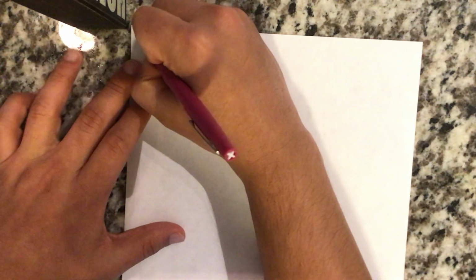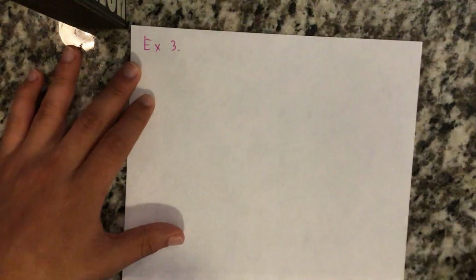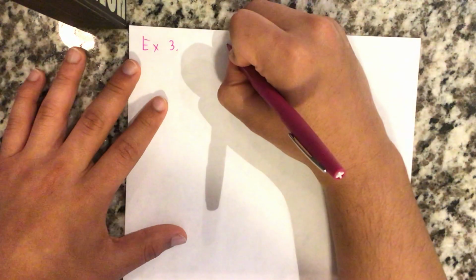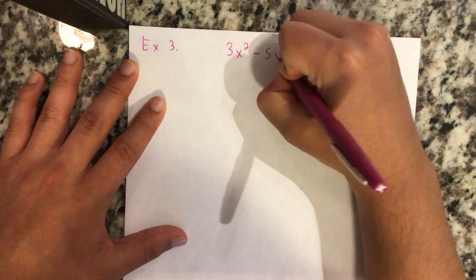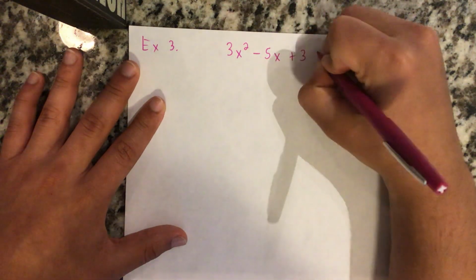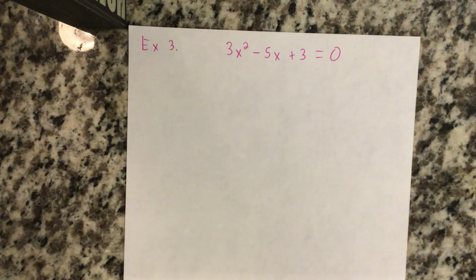All right, example 3. And hopefully if y'all kind of see the pattern, you kind of know what's coming up, but I'm gonna show you anyway. So, example 3, I'm going to have 3x squared minus 5x plus 3 equals 0. Okay?